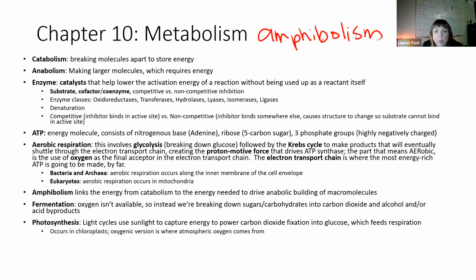I would be aware of what each one does, but oxidoreductase is going to deal with transfer of electrons from one molecule to another. Definitely know what it is to be oxidized. If you lose electrons, you have been oxidized. If you gain electrons, you have been reduced. Definitely understand that whole system and how that works. It's a very important concept for this chapter.